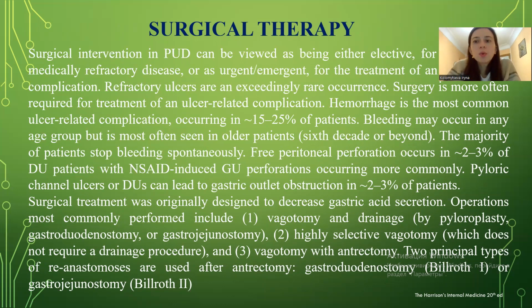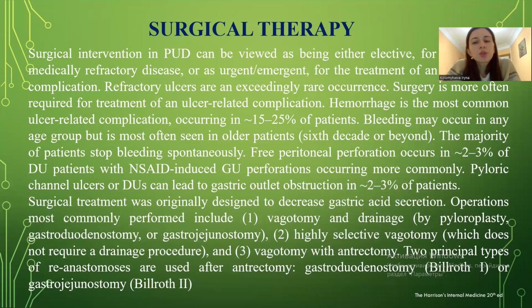Hemorrhage is the most common ulcer-related complication, occurring in 15–25% of patients. Bleeding may occur in many age groups, but it is most often seen in older patients. The majority of patients start bleeding spontaneously.